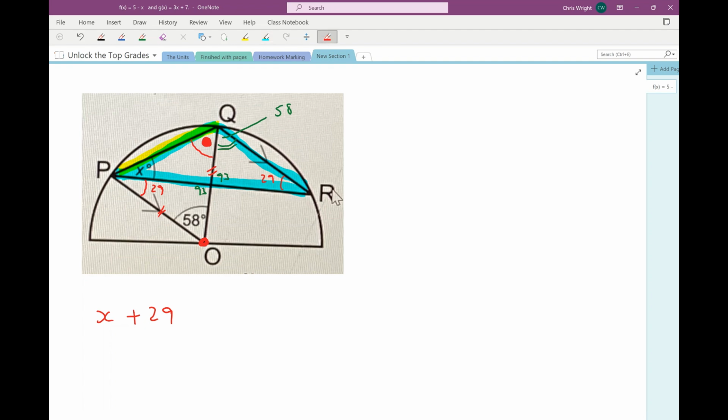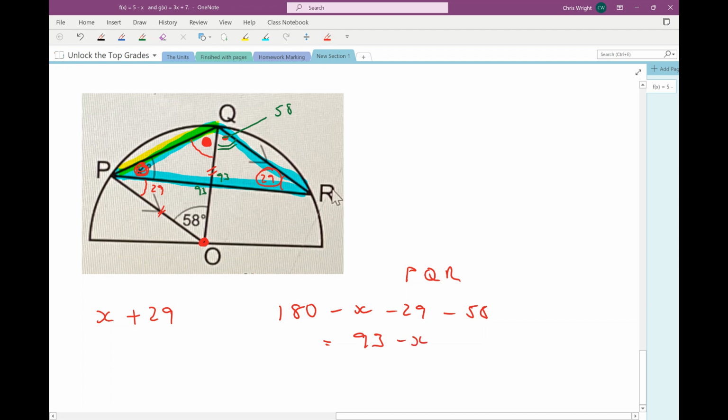Isn't it true to say that that angle PQO is going to be equal to 180 minus x, let's take away that angle, minus 29 minus 58. So that blue triangle there, the triangle PQR, has 180 degrees in it. So that would mean that I would have 180 minus 29 minus 58, 93 minus x.